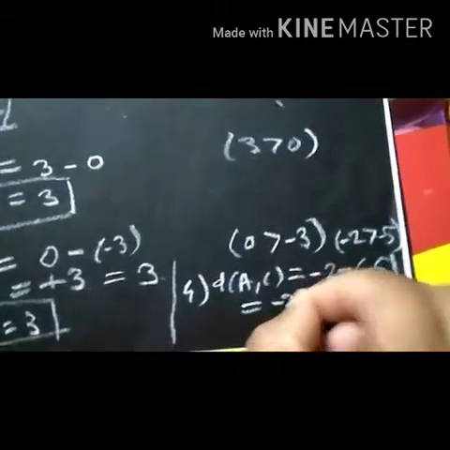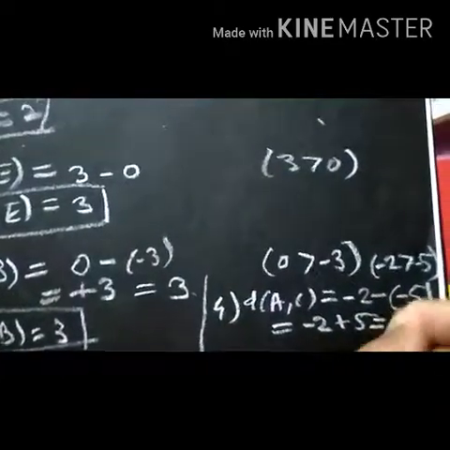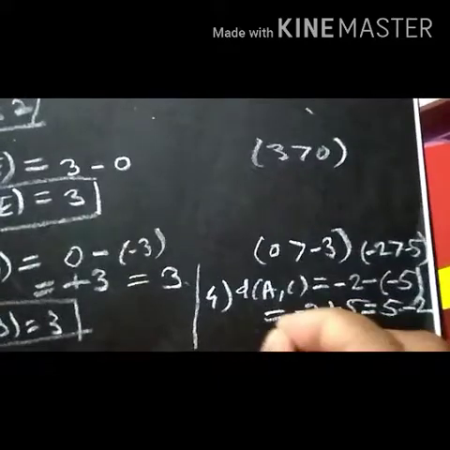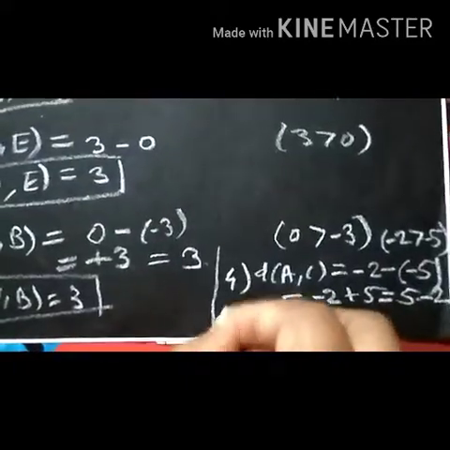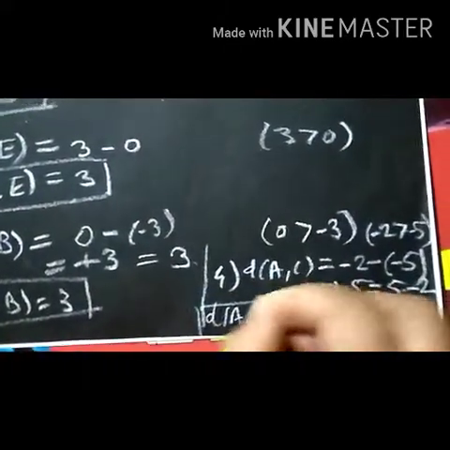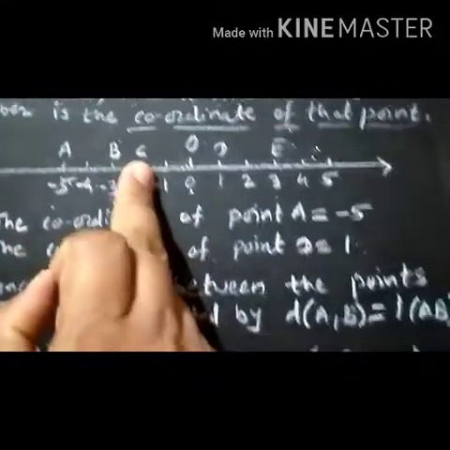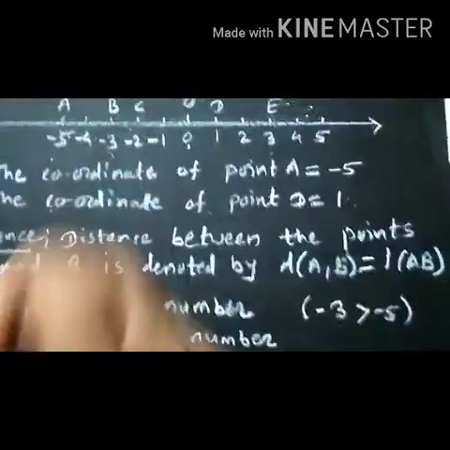So here minus 2, minus into minus is plus 5. Now minus 2 plus 5 is 5 minus 2, and 5 minus 2 is 3. Therefore the distance between the points AC is plus 3, or it can be written as length of segment AC is plus 3.